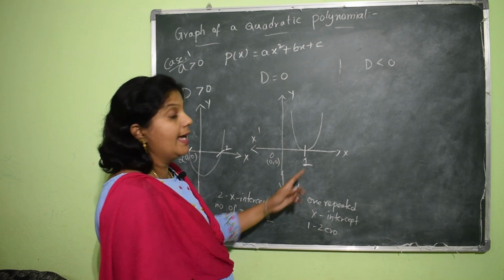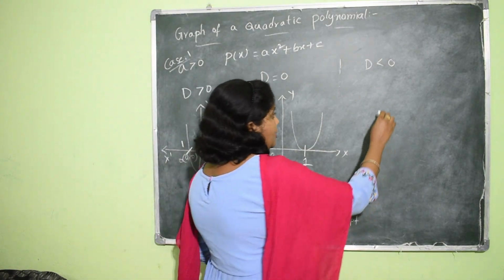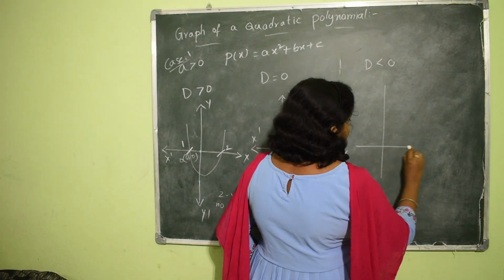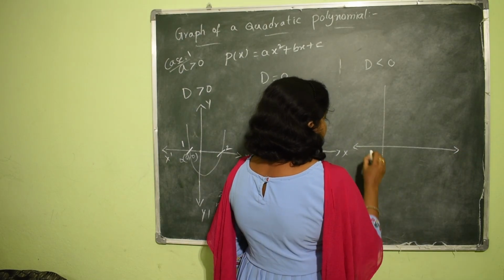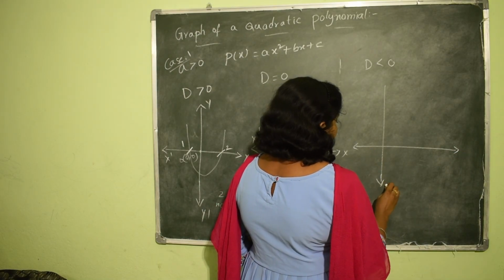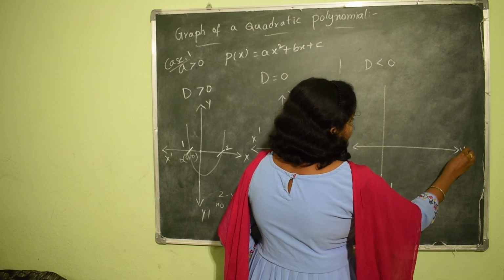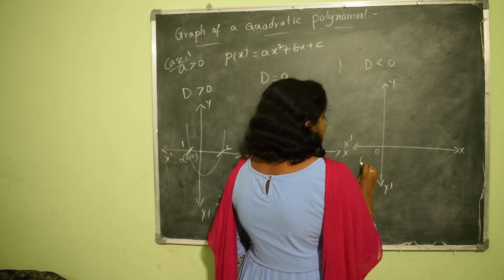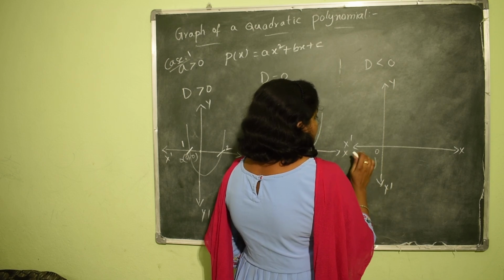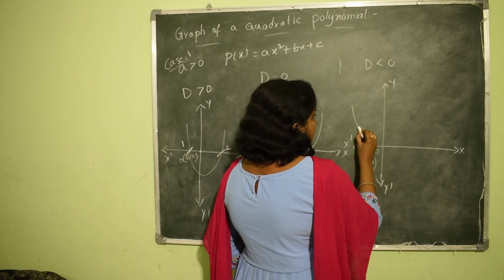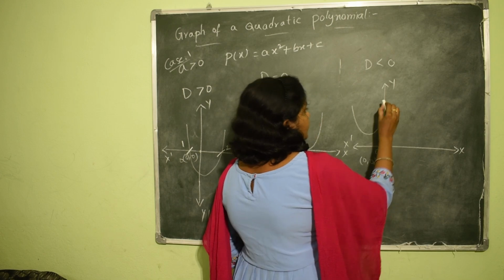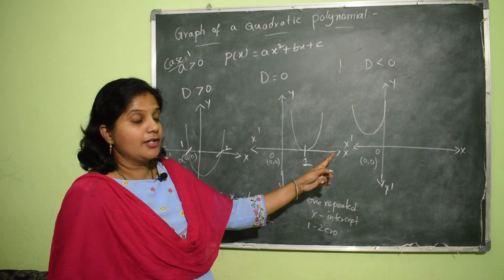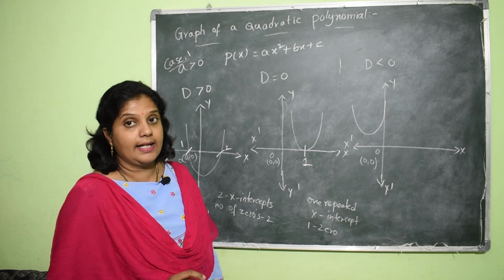And d less than 0. For d less than 0, y dash, x dash, y, origin (0, 0). Here the graph will look like this. The graph is not intersecting the x-axis at any place.